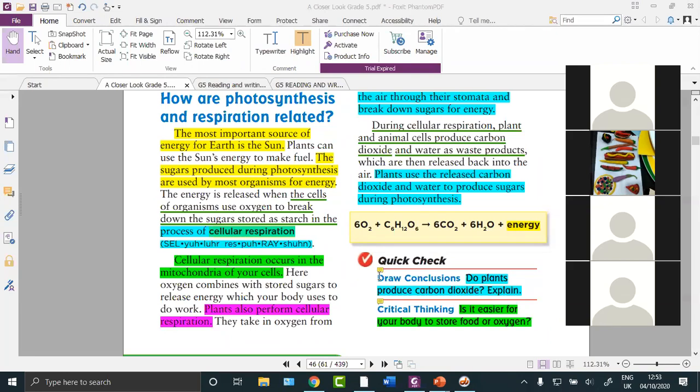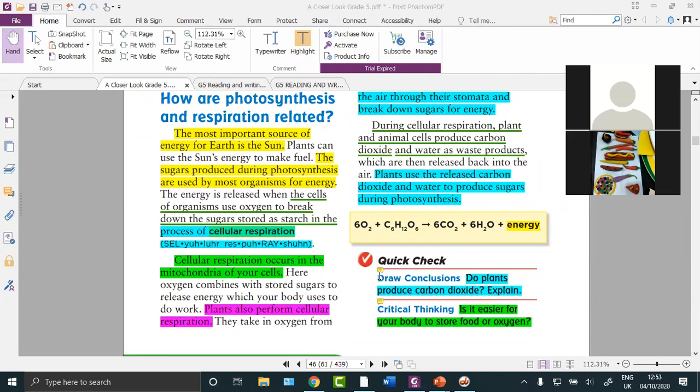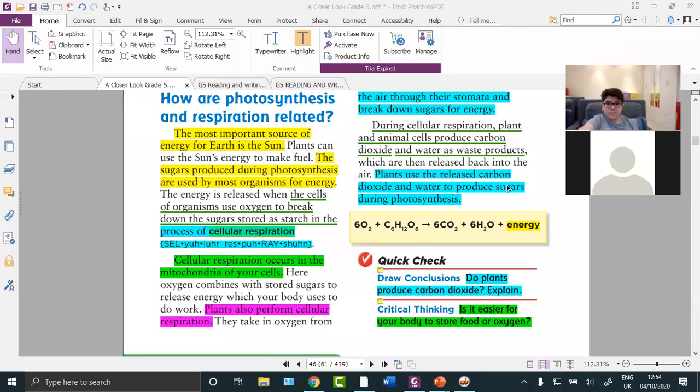The energy is released when the cells of organisms use oxygen to break down the sugar, in the process of cellular respiration. Okay, thank you, Hatem. Lower your hand, please.